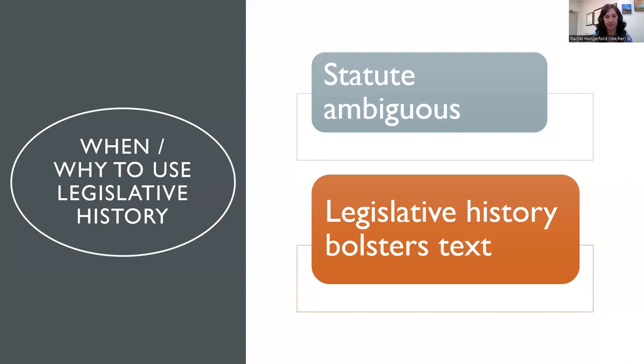So I have two slides here, one on kind of when might you use this and one on when might you not. And they're kind of the flip versions of one another, but I would say the main reasons to use legislative history would be either you're dealing with an ambiguous statute or the legislative history is going to bolster your textual analysis.